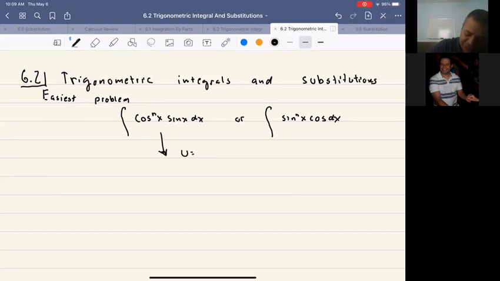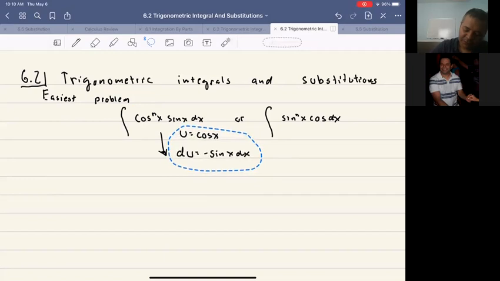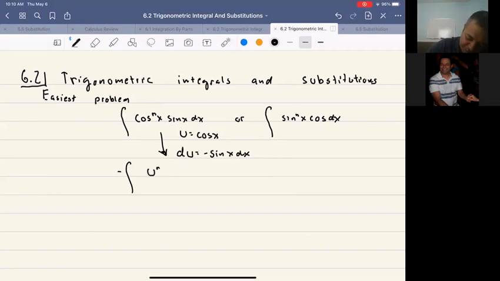Let's let u equal cosine x. du, then, in this case, is negative sine x dx. And then this problem becomes negative the integral of u to the n du, which is u to the n plus 1 over n plus 1 plus c.